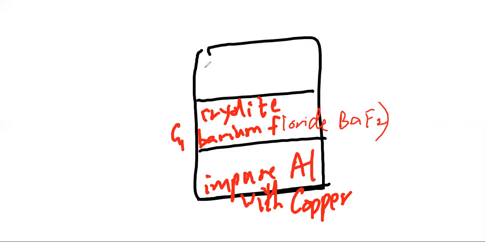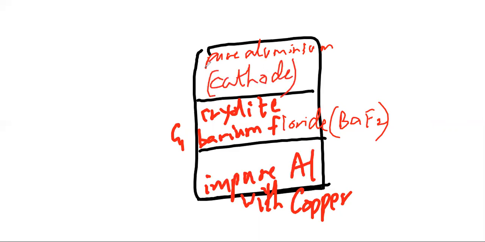This is the chemical formula of this. And the upper layer consists of pure aluminium. This is the cathode. On this electrolysis, we get 99.99% pure aluminium.